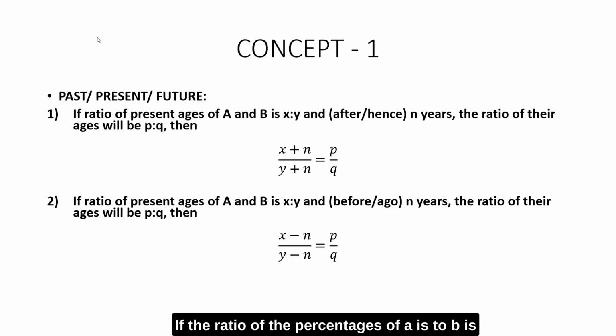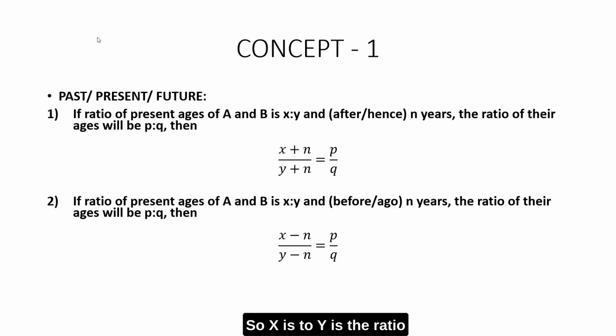If the ratio of the present ages of A is to B is X is to Y, and before or ago n years, the ratio of the ages will be P is to Q, then. This is just a reverse of the first subcase where we discussed the future. Here we will be discussing the past.